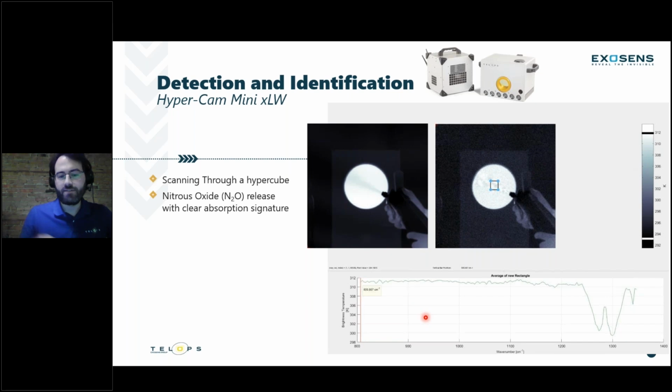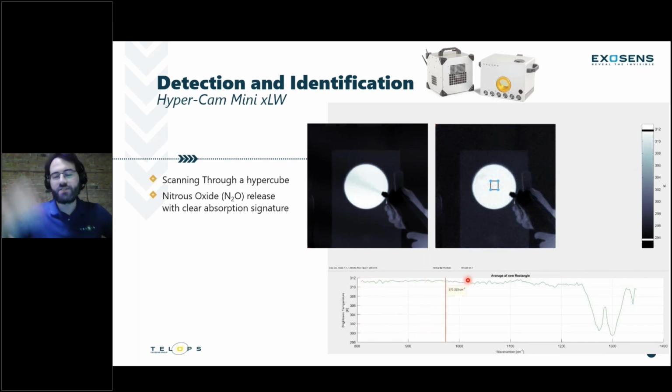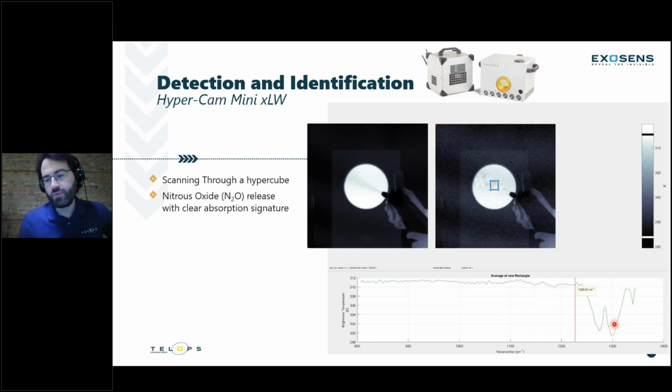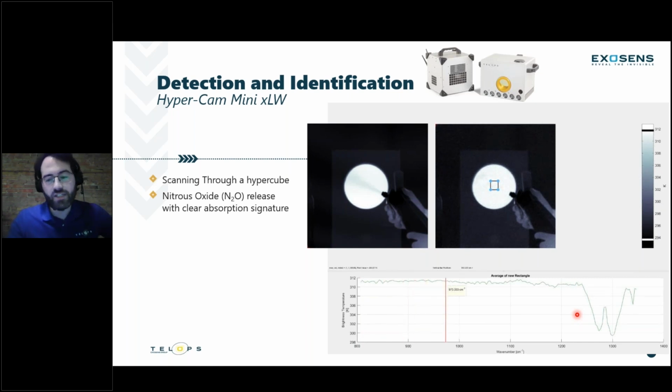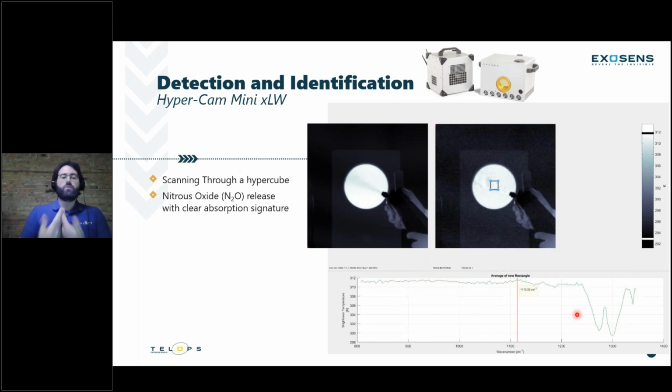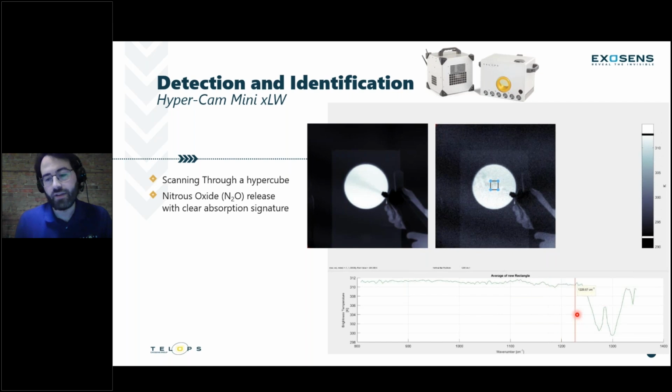And if I start the video, we're basically scanning through the different wave numbers, the slices of our data cube at different wavelengths or wave numbers. Once we reach that area of the data, we can see that the plume gets a lot darker. That indicates that you have those absorption peaks at those wave numbers, and the algorithm is able to identify quite easily, once you have that clear signature, those clear peaks, that we have actual nitrous oxide within our scene.